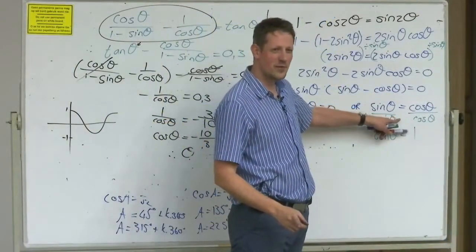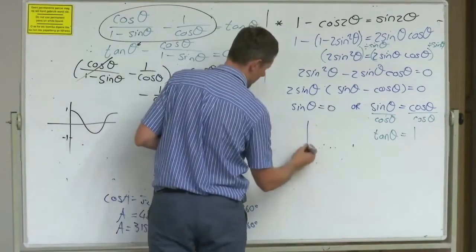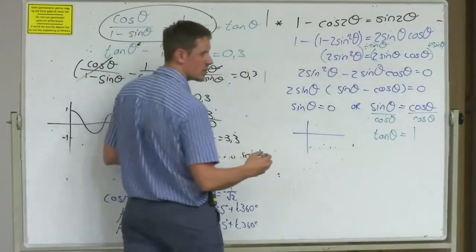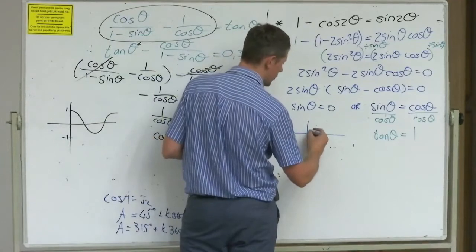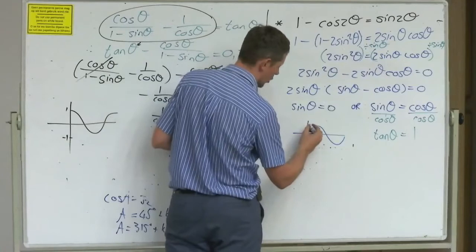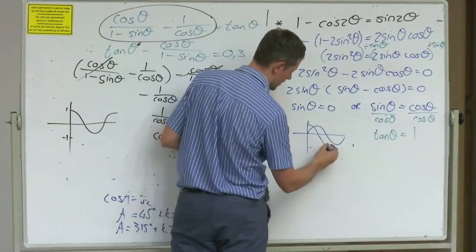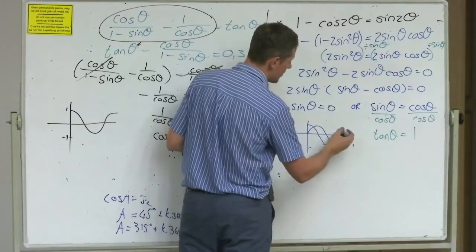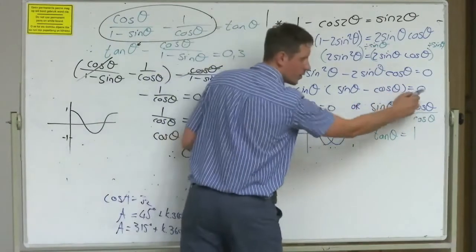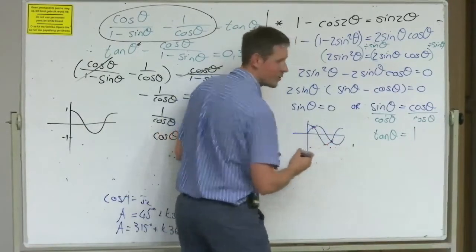Now the question is, what about this? What makes this different? Guys, look at the graph of sine theta and cos theta. There's the basic graph of sine theta and there's cos theta. Remember, this happens when two graphs cross each other.